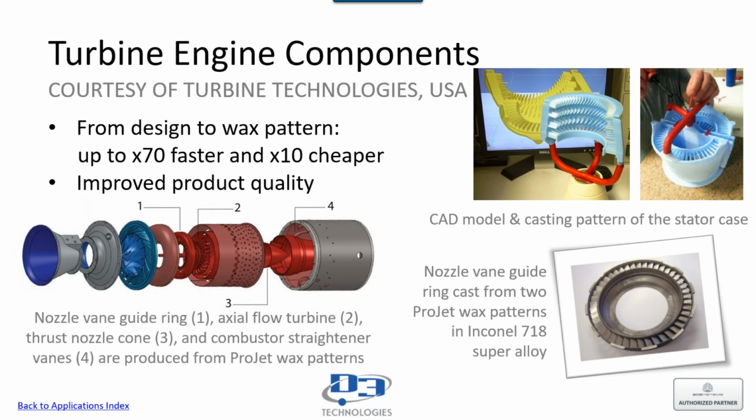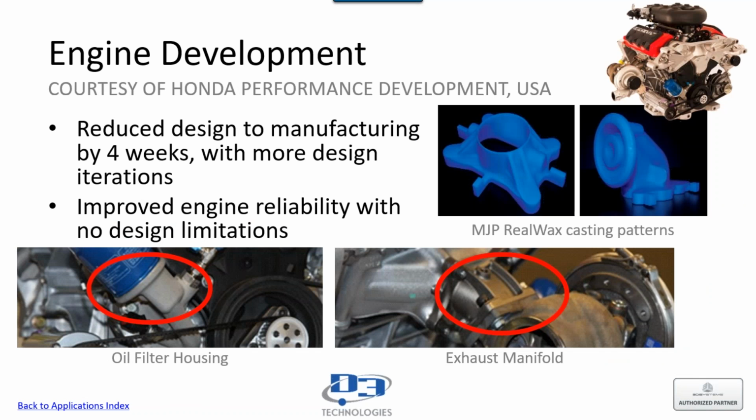Their traditional tooling took them up to 5 weeks and more than $20,000. Whereas with the 3D printing in the wax, they were able to do it overnight and for less than $2,000. So again, it was huge in terms of allowing them to do several tests and produce their parts accurately and certainly much less expensive.